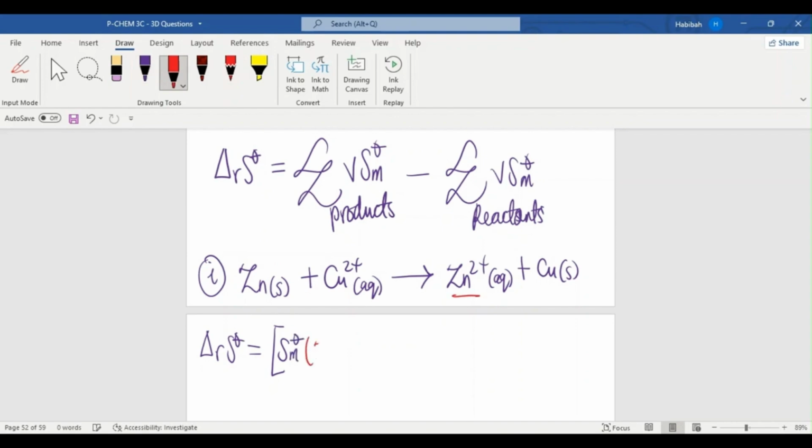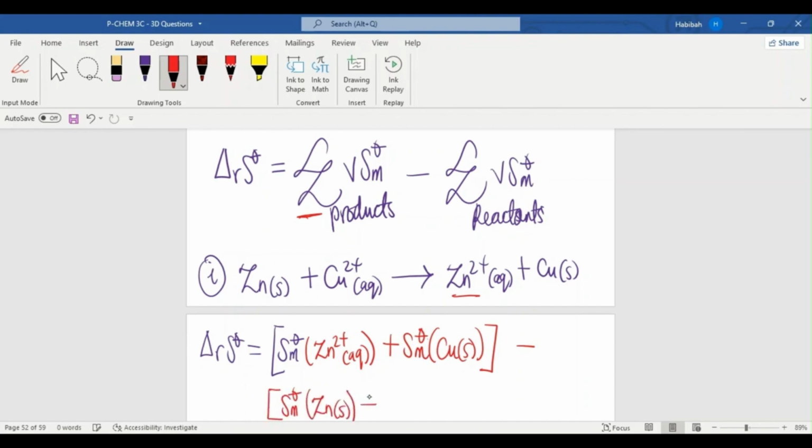So the molar entropy of Zn2+ aqueous, plus the molar entropy, because there's a summation here, of the second product, which is just Cu solid, minus the molar entropy of the first reactant, which is Zn solid, plus the molar entropy of the second reactant, which is Cu2+ aqueous.